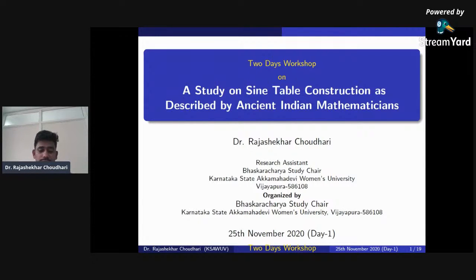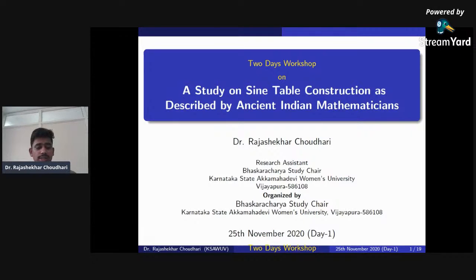As already said by Professor G.G. Rajput, the 2 days workshop aims to highlight the contribution of ancient mathematicians in the field of trigonometry. Specifically, it focuses on the methods given by Surya, Aryabhatta and Bhaskaracharya for constructing the sine table.